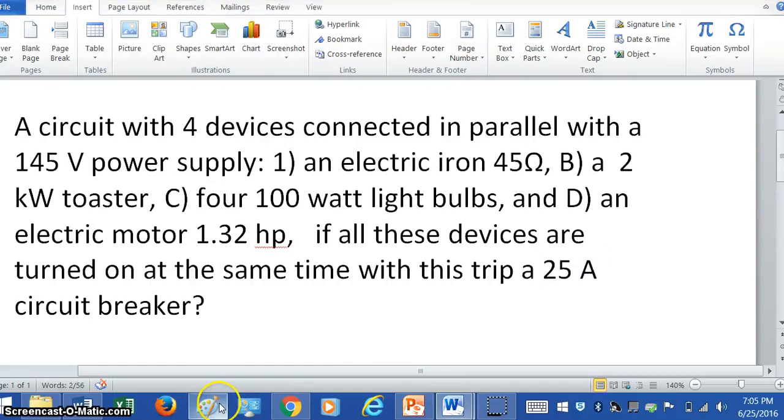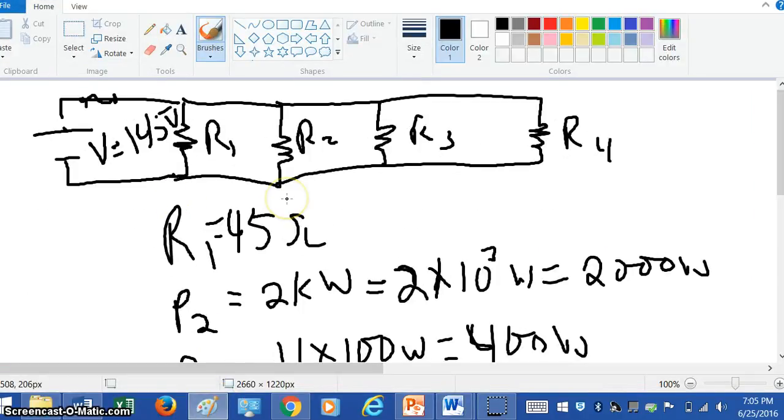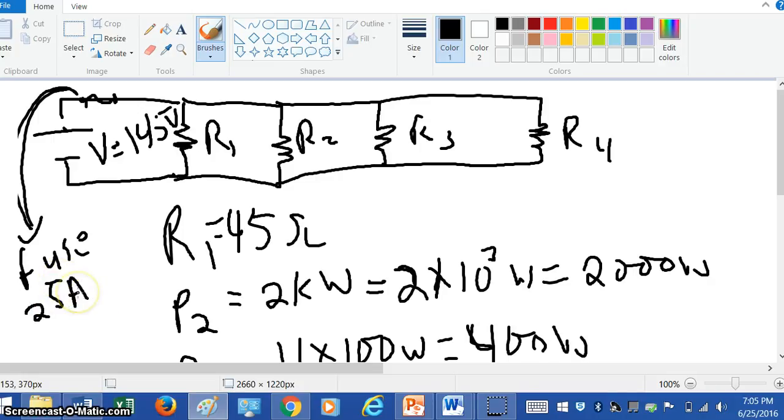So this is a fuse or circuit breaker, and it is rated at 25 amps. Did I say watts? I shouldn't have said watts.